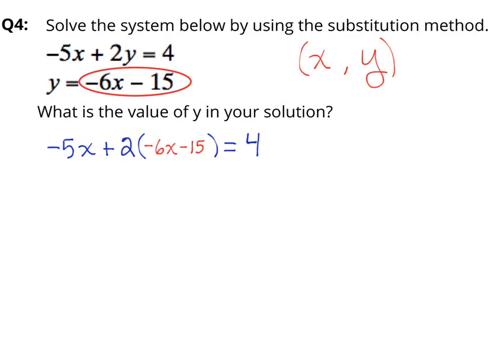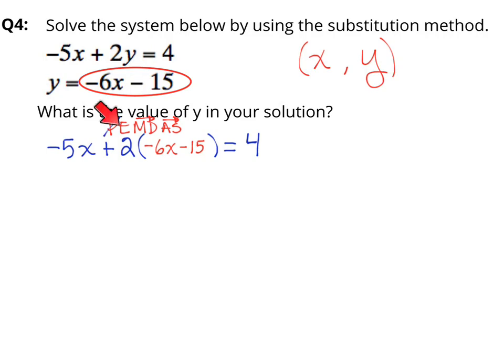So again, we're going to use the order of operations to solve because it's an equation, right? So let me write the order of operations. Okay, so I see parentheses here. And when you see parentheses, you're asking yourself, is there an operation here? Yeah, there's subtraction. Can I subtract 15 from negative 6x? No, because they are unlike terms. So parentheses, gone.